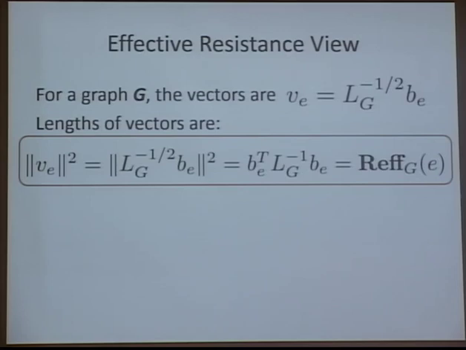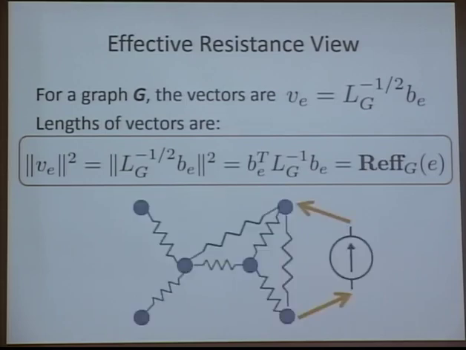I told you earlier, and it's easy to check with Ohm's law and Kirchhoff's law, that solving Laplacian linear equations is the same thing as electrical flow. So these numbers are actually equal to the effective resistances of the edges. The length of the vector corresponding to e is equal to the effective resistance of that edge in the graph. Effective resistance is again this electrical picture: it's the potential difference induced across the endpoints of an edge when you put a unit current through it.